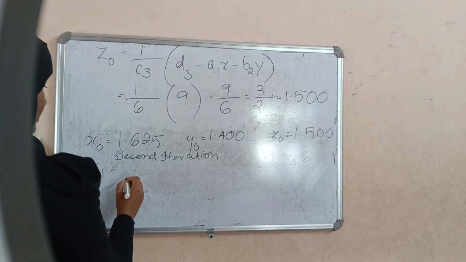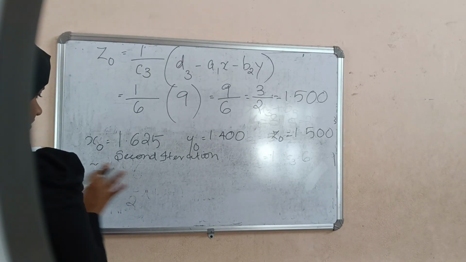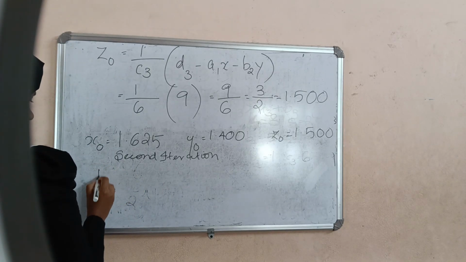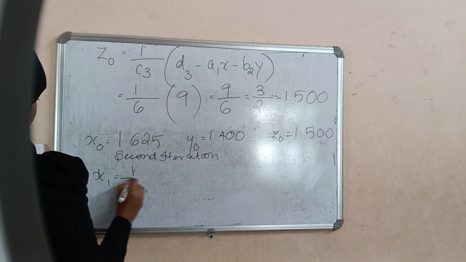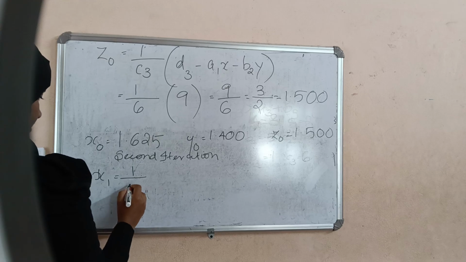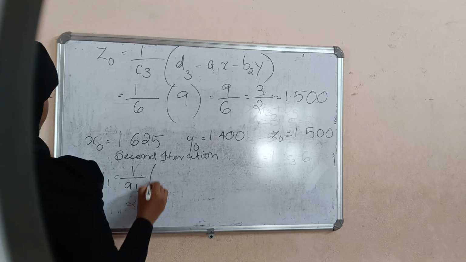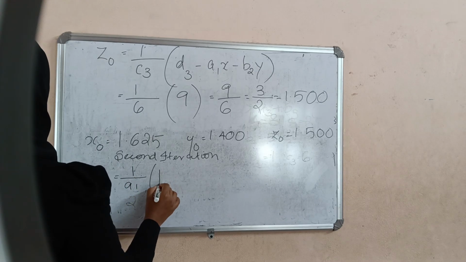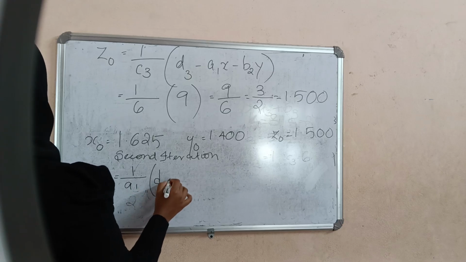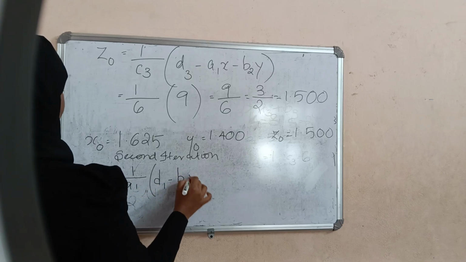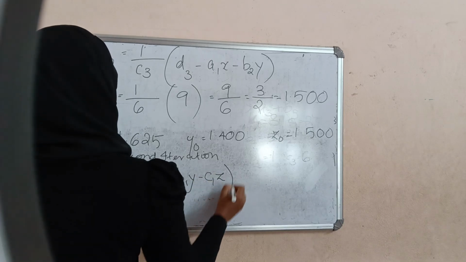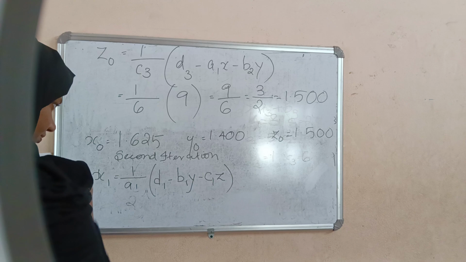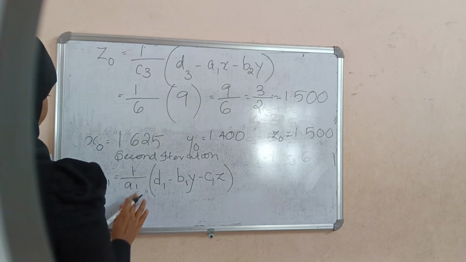So x1 is equal to 1 by a1 into d1 minus b1y minus c1z.